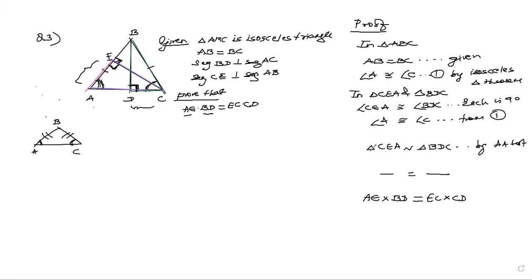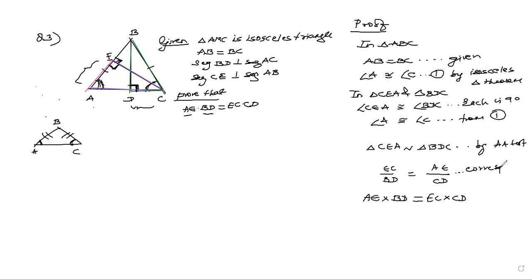And once the triangles are similar, the corresponding sides are in proportion. So you can clearly see EC upon BD equal to AE upon CD, corresponding sides of similar triangles.